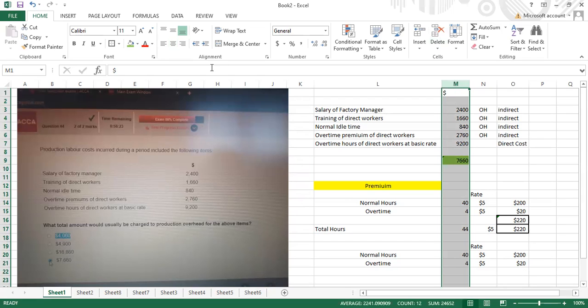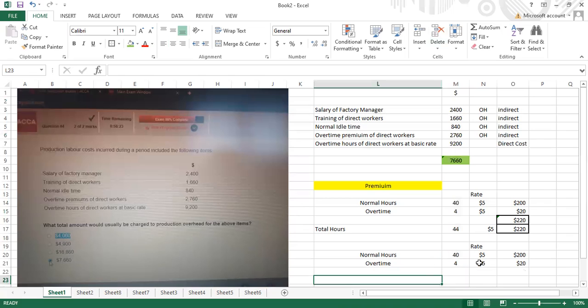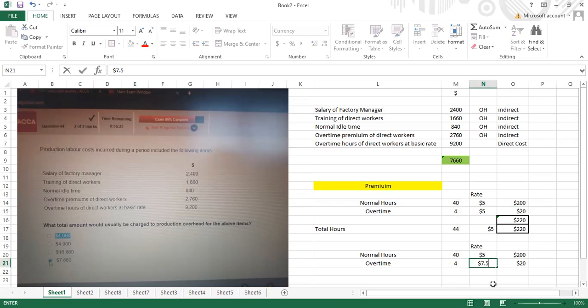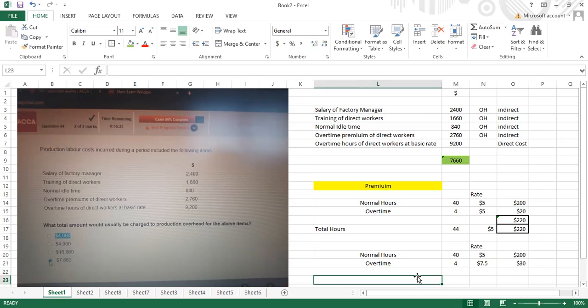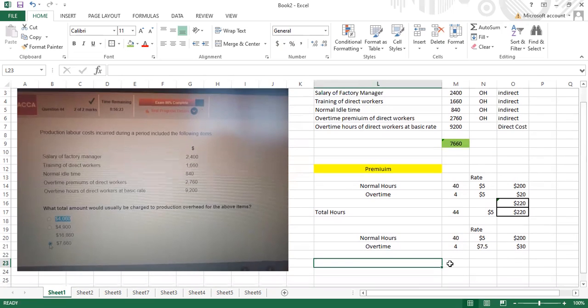We give them wage on a premium basis as well. Let me explain. Obviously 40 hours they work for normal hours, 4 is overtime. But you can say that it could be 7.5, because the overtime rate would be higher than usual. Why is that? It is normally called time and a half. Sometimes it is mentioned in your question that overtime is paid at time and a half.